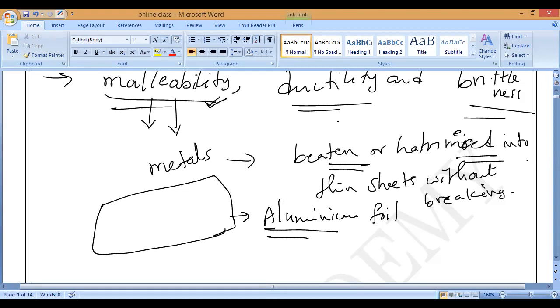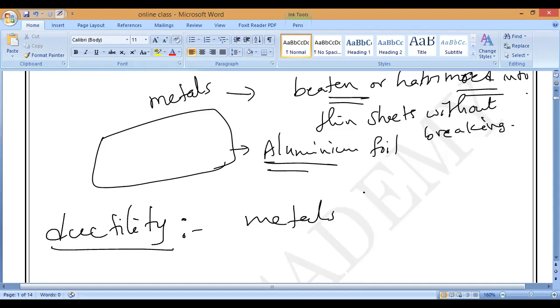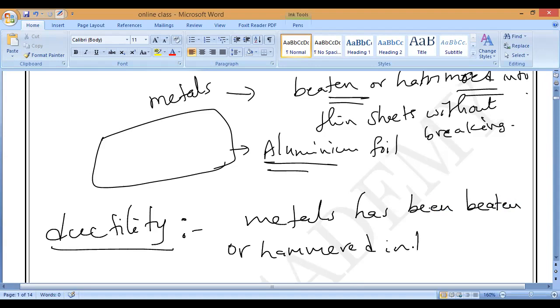Hammered. Now coming to ductility. What is the meaning of ductility? Can you say? We can make it into wires. So ductility is similar to malleability: metals or substances are beaten or hammered into wires.